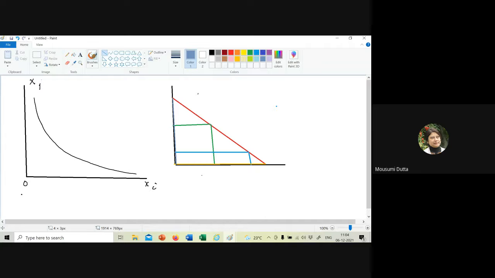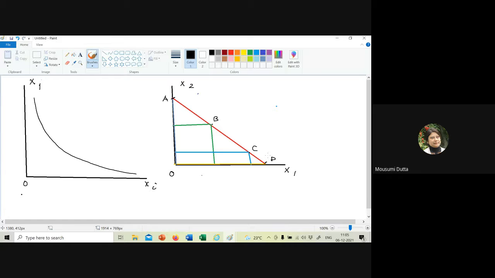Okay, so here I'm considering different points. Say I'm considering a two commodity world first of all. So I'm considering this point A, this point B, this point C, and this point D. All A, B, C, D are lying on the same indifference curve.